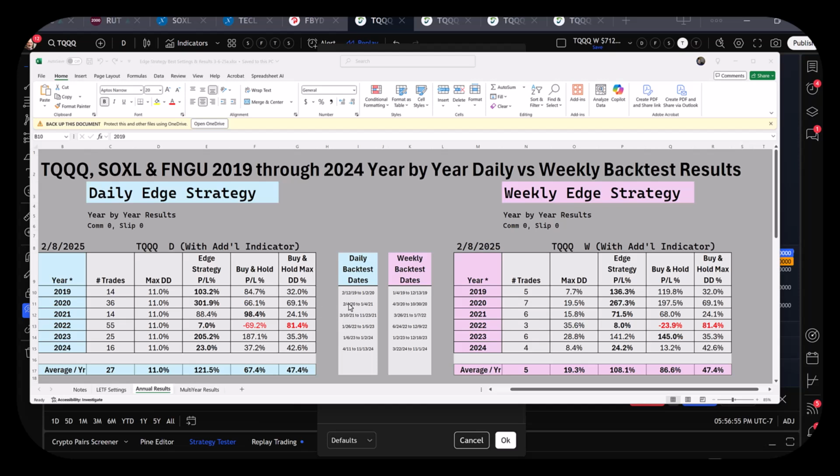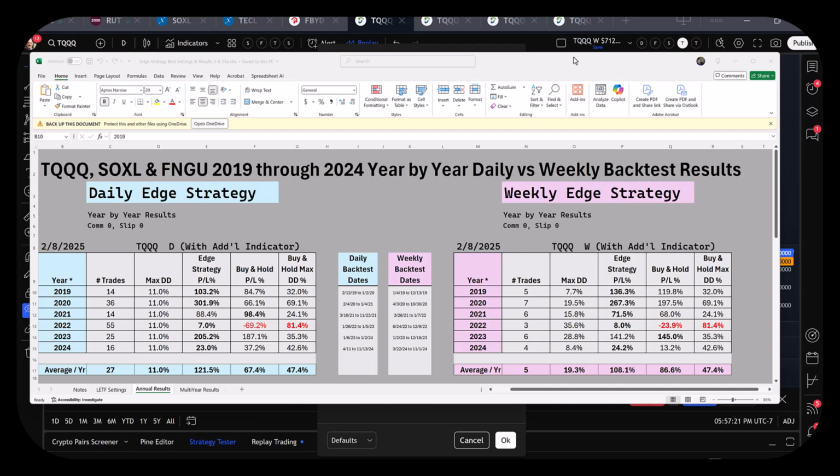And I want to point out to you that in 2020, the daily backtest, the first trade started February 4th, where on the weekly, the first trade started April 3rd. So there's a considerable difference here, and that's going to be reflected in the performance for both the strategy and the buy and hold on both the daily and the weekly.